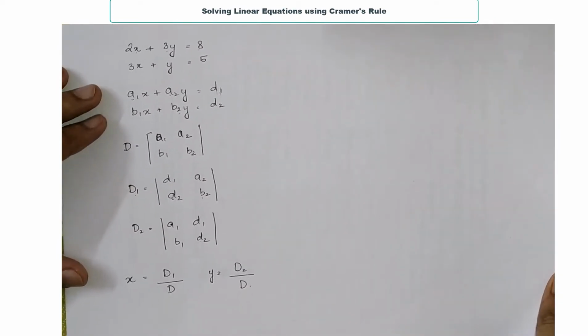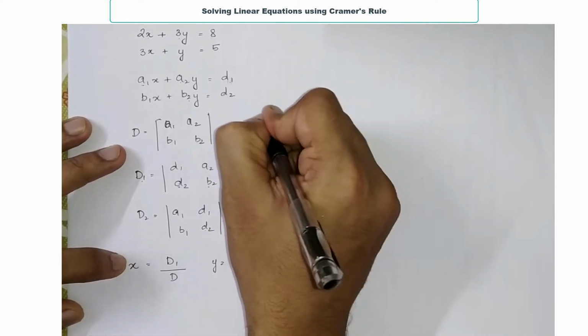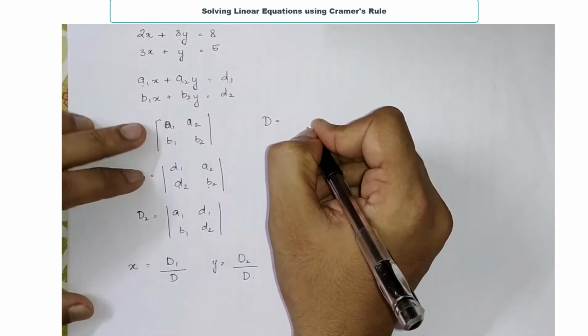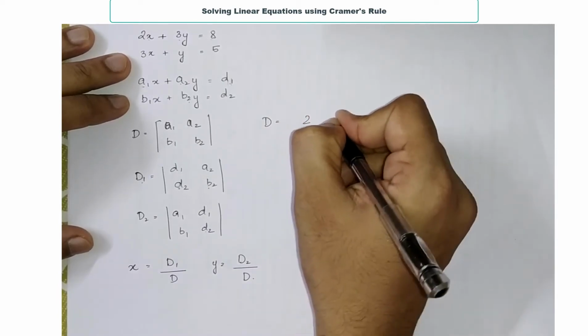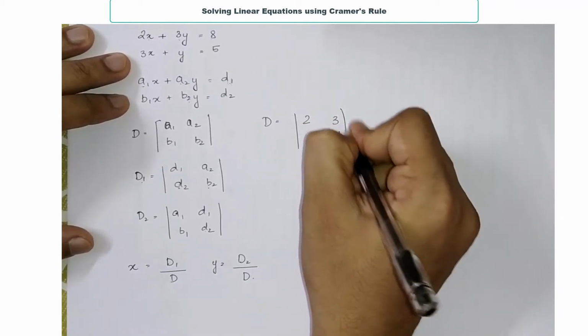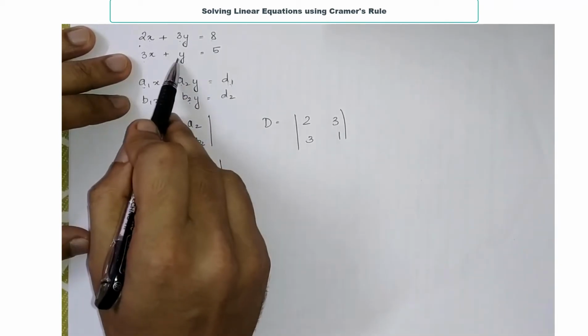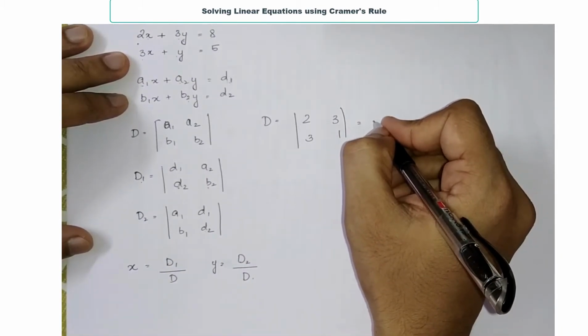What is matrix D? Here D is equal to 2, 3, 3, 1. I hope it is clear. So I am putting it here: determinant D is equal to 2, 3, 3, 1.